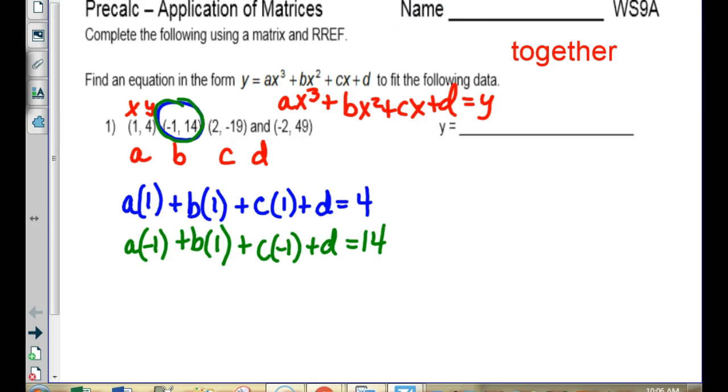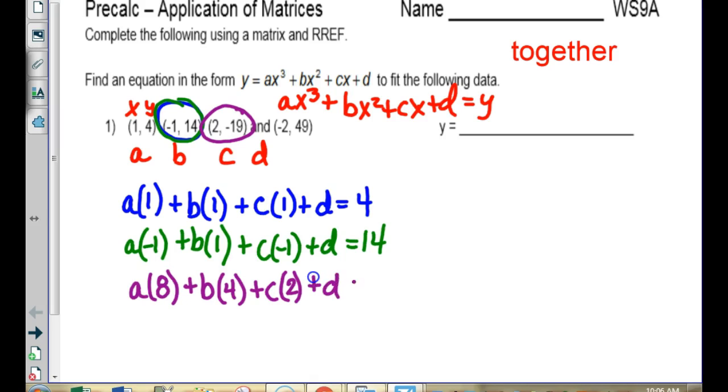Pretty good. Okay, now we're putting in this point. So it's A times 2 cubed, which is 8, plus B times 2 squared, plus C times X, which was 2, plus D equals -19.